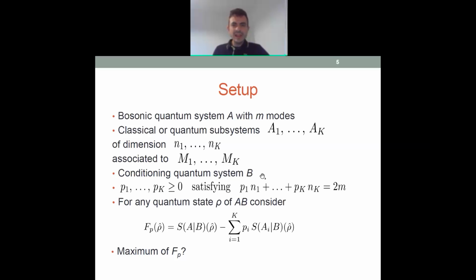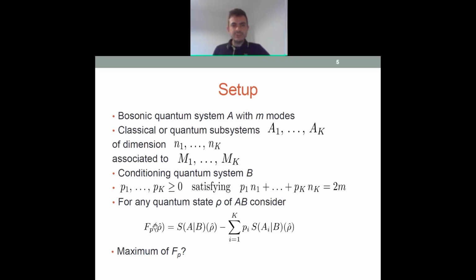Then, as in the classical version of the strong subadditivity, we consider some conditioning quantum system B. And here I stress that B can be a generic quantum system and does not need to be a bosonic quantum system.